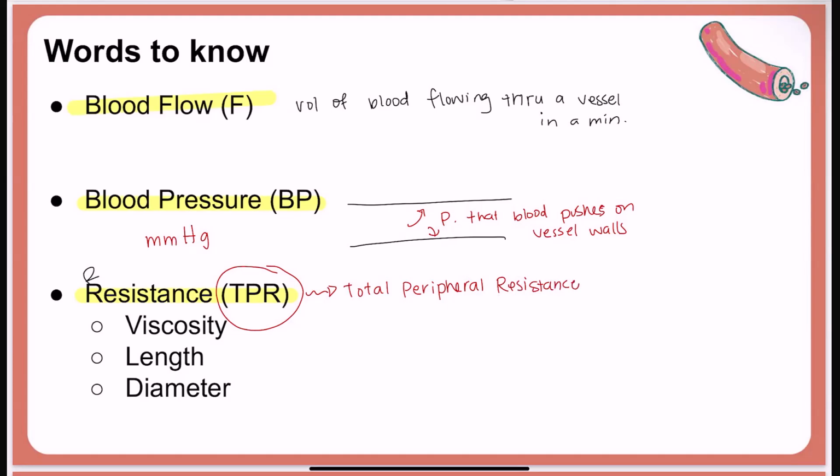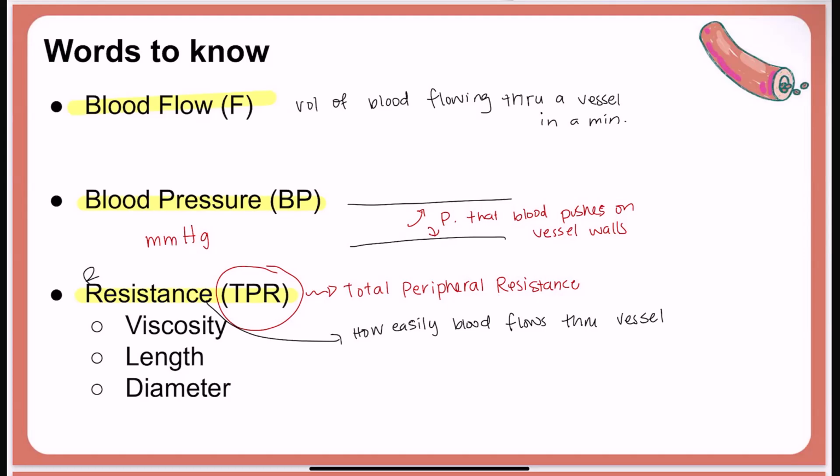And we call it that because resistance is really just the opposition to blood flow. So how easily blood is flowing through the vessel. So resistance is just how easily blood flows through a vessel.